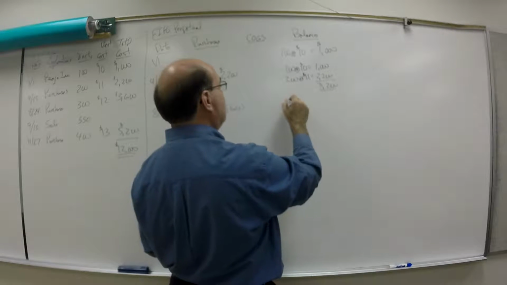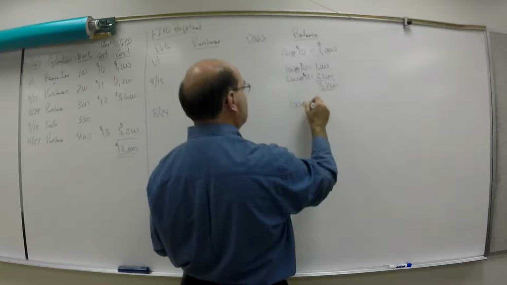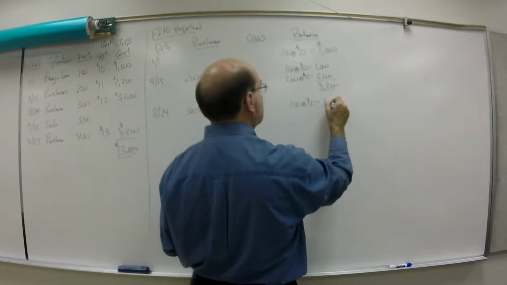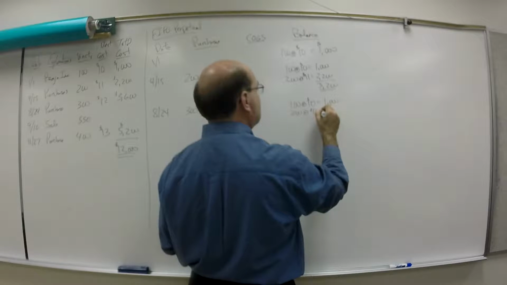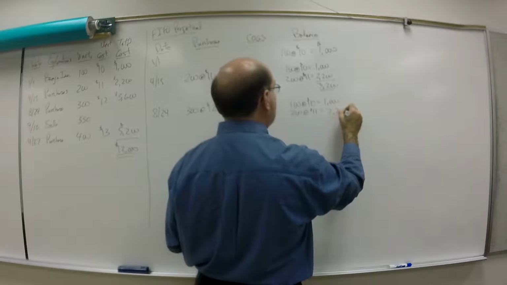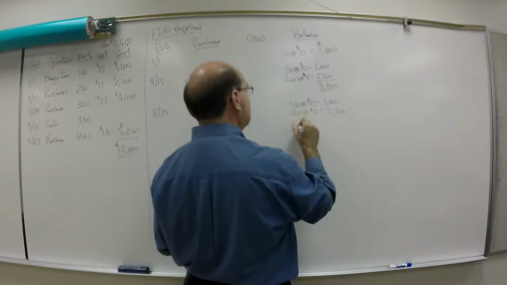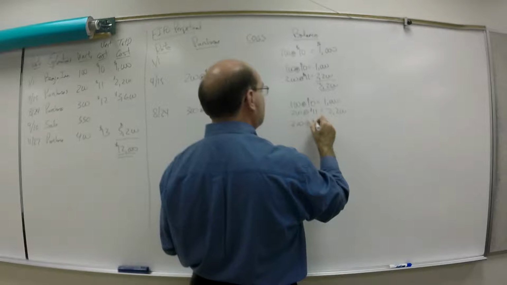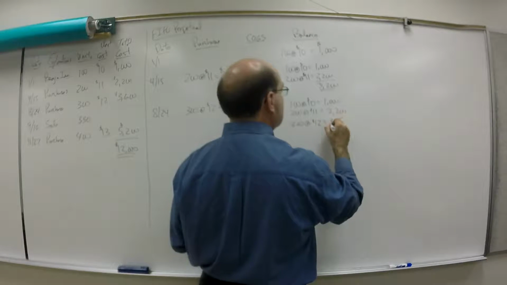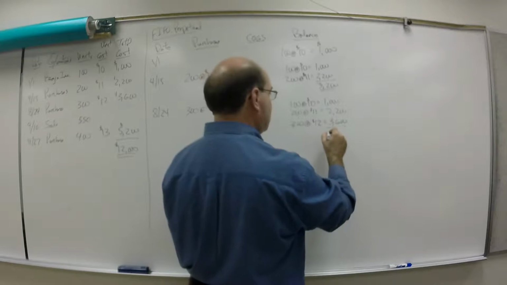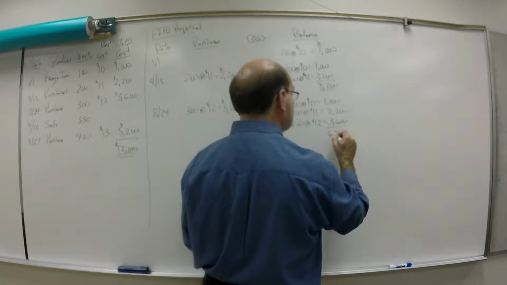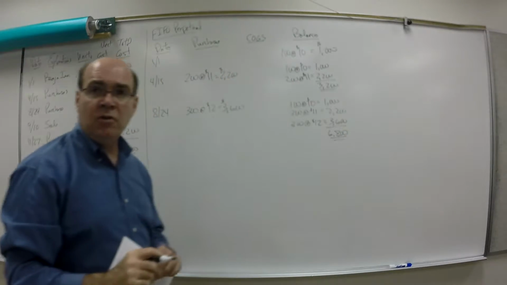Well, we still have the 100 that we carried forward at 10. We have our 200 at 11. But we also now have 300 at 12. So if we add those all up, that gives us 6,800. So that's what our ending inventory balance is.